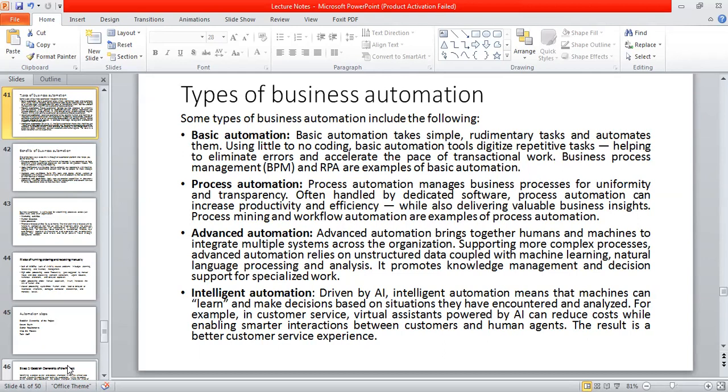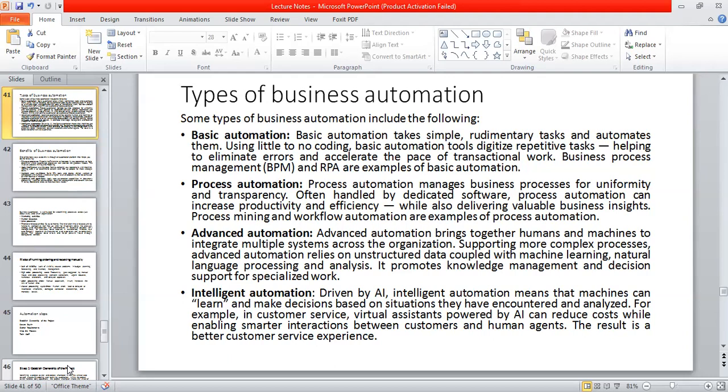For example, instead of writing an invoice using pen and paper, nowadays invoices are just generated by systems.